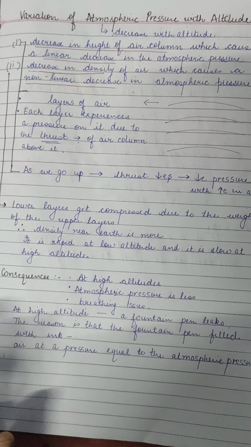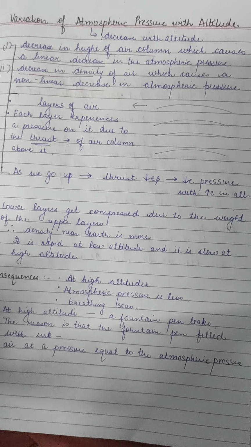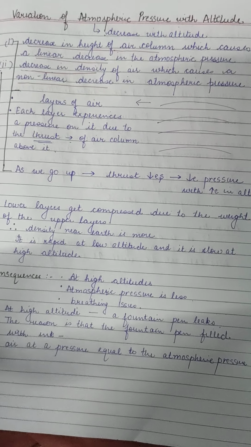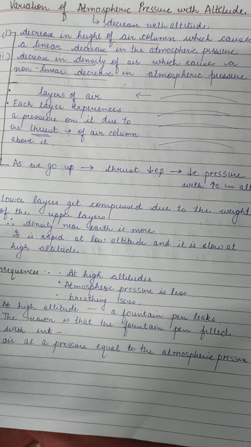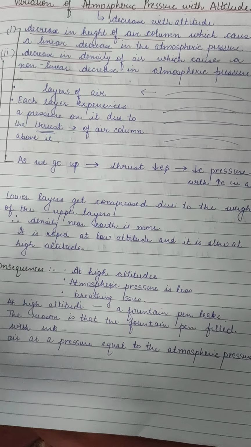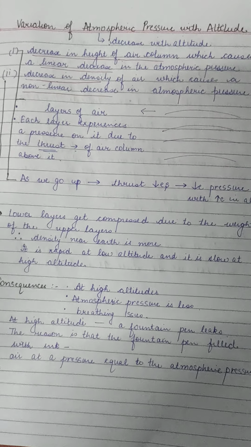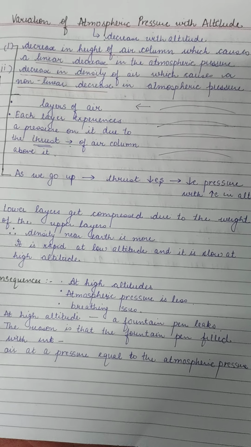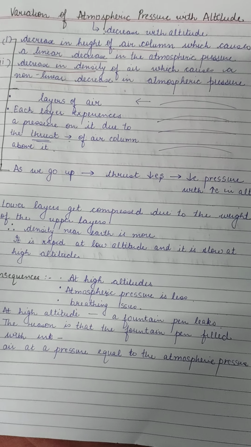Two things we are going to take here: when there is a linear decrease and when there is a non-linear decrease. Atmospheric pressure decreases with altitude mainly due to two factors. First, decrease in height of the air column, which causes a linear decrease in atmospheric pressure.